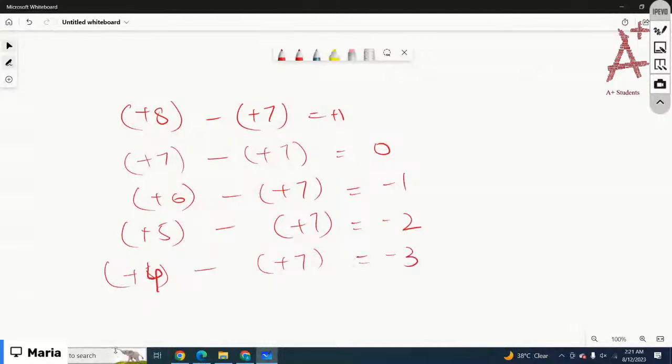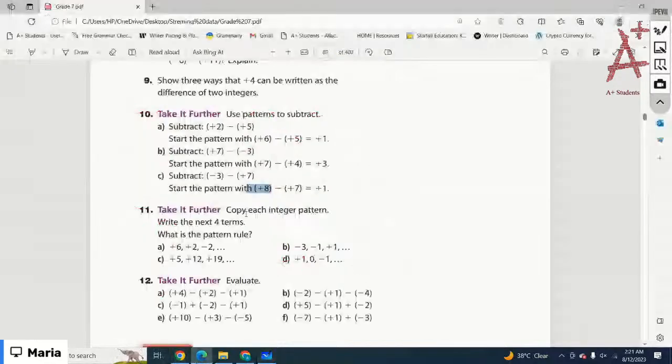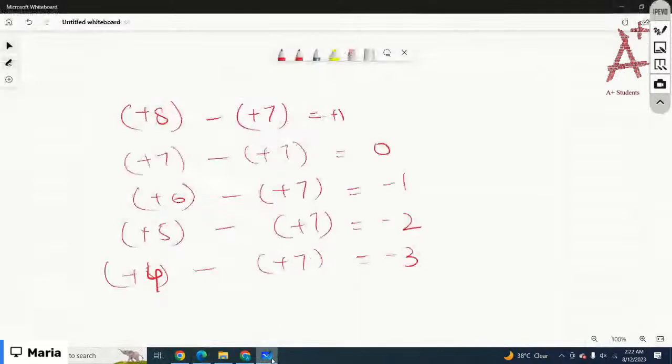I think we have to go till negative 3. You have to go till negative 3, so I'm going to skip some of the values, right? Positive 3 minus positive 7 is negative 4.